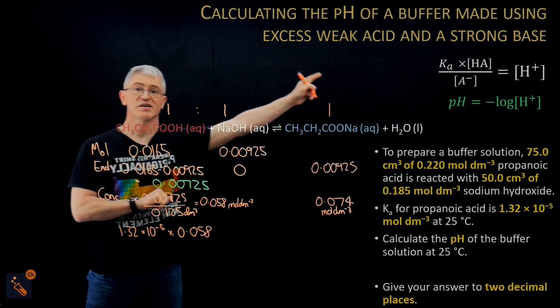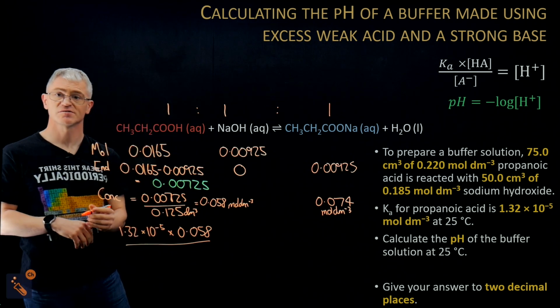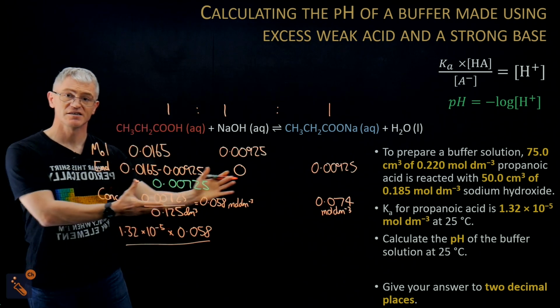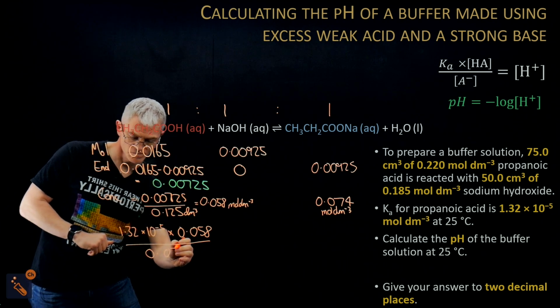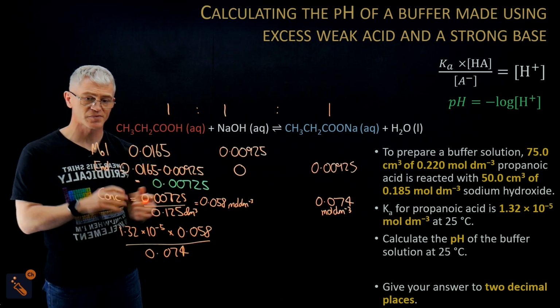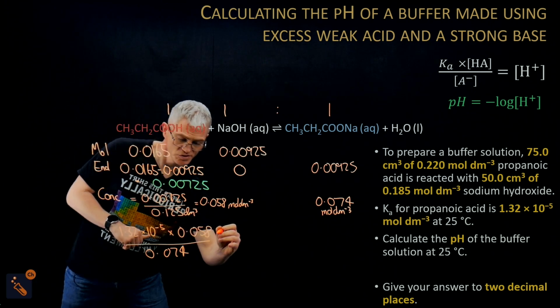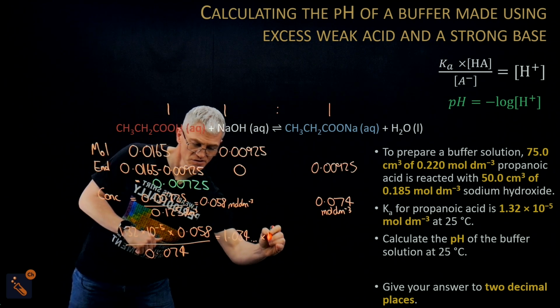Remember, we're just doing that equation at the top there. That has to be divided by A minus, which is 0.074. So that's divided by 0.074, and then that will equal 1.034... times 10 to the minus 5.